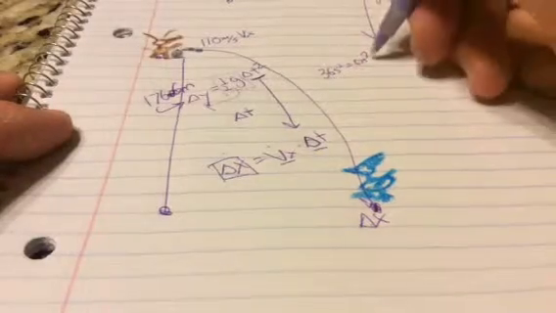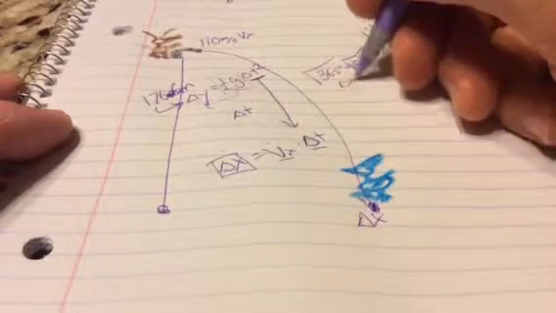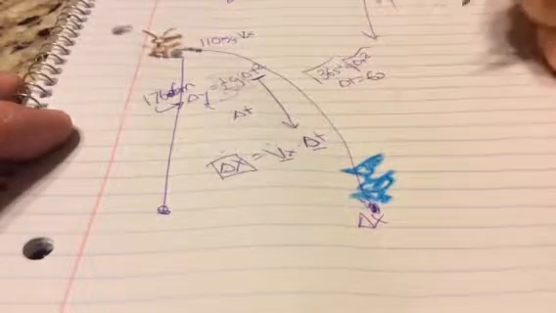And then we can see that this is squared, so we must square root both sides. The time equals 6 seconds.